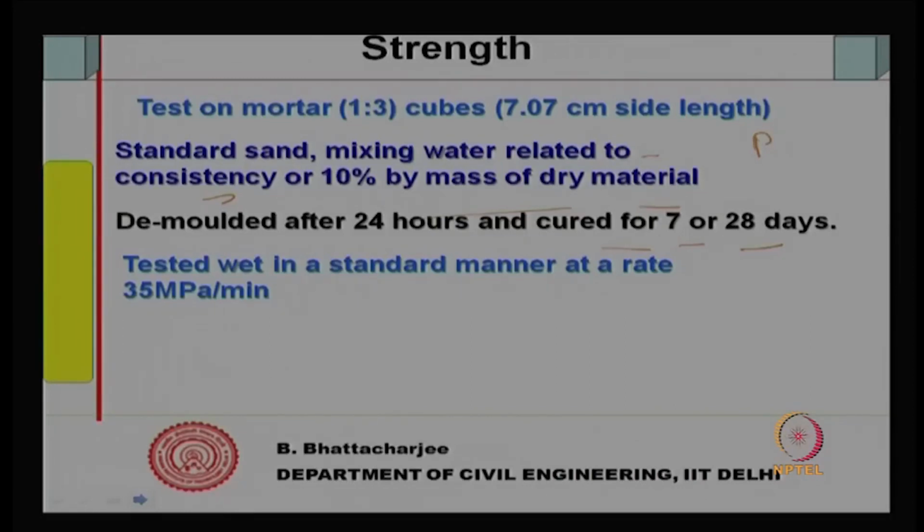So, at a fixed rate of loading, because all this affects the strength of those cubes, the rate of loading, and the material itself will depend upon its hydration, etc., will depend upon curing condition. So, we fix the curing condition, temperature of curing is fixed, temperature of casting is fixed, casting is done in a standard manner, the only variable is cement.